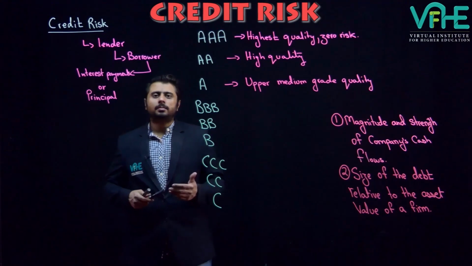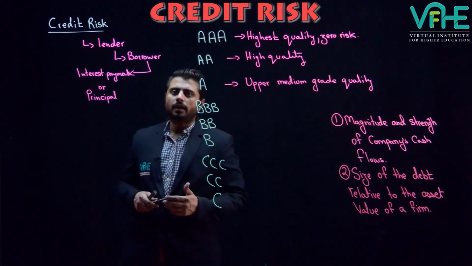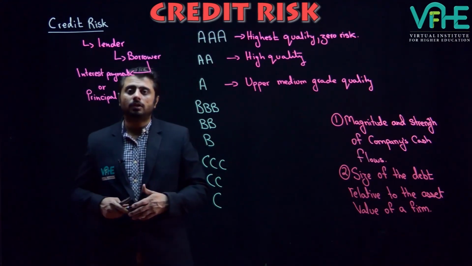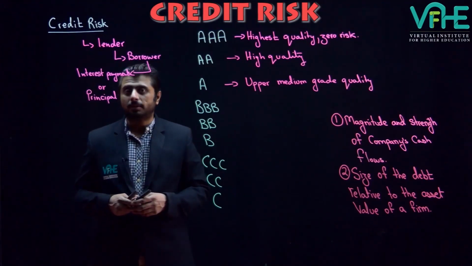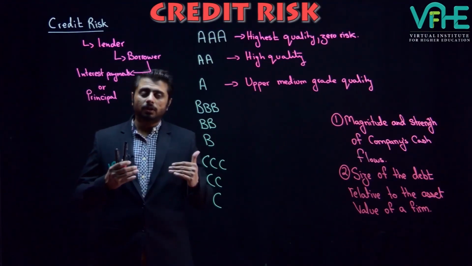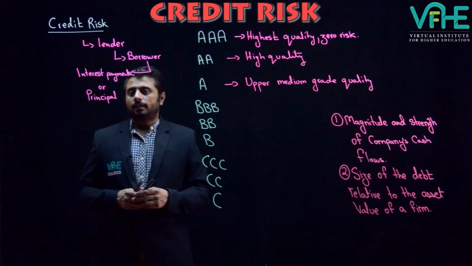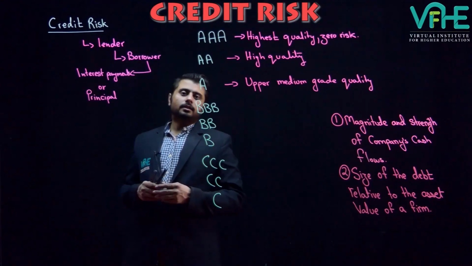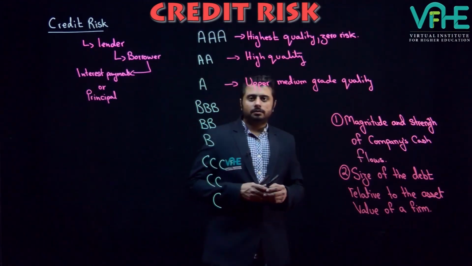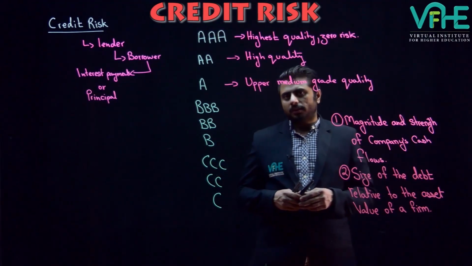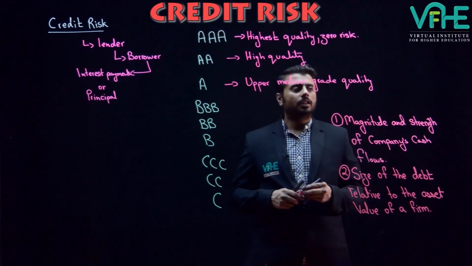However, higher debts will mean more gearing, and this may be problematic in terms of repaying the interest and the principals, and therefore the company will be rated lower. The third key factor that will be considered while rating companies is the length of time the debt has to run.